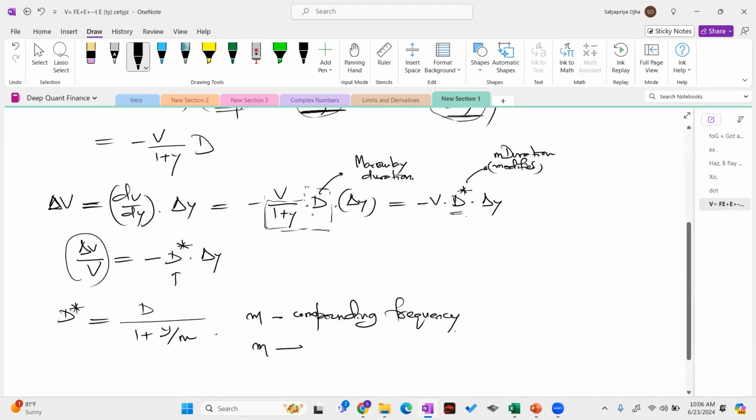One interesting thing, if this stuff happens, this indirectly means what? If you're compounding infinite times per year, what does that mean? It's not daily. No, no, no. I mean, well, practically you'll do a daily calculation, but this is continuous compounding.